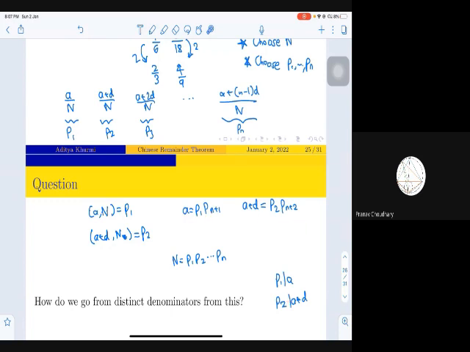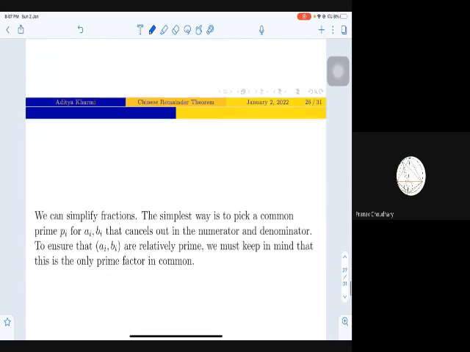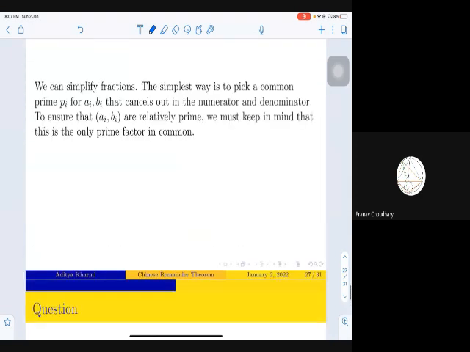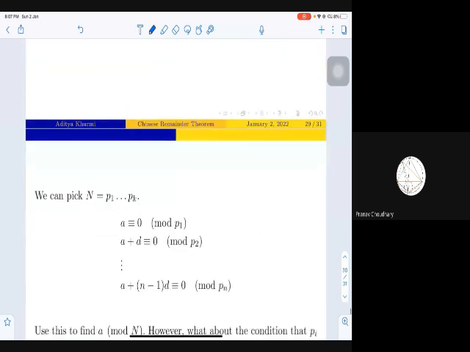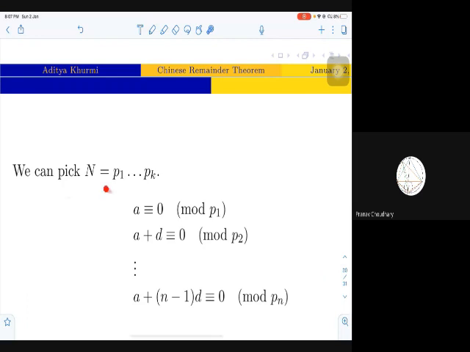So let's look at how we deal with this condition. p3 divides a plus 2d, and so on. So you basically have this system. Suppose we pick n equals p1 till pn. You want a congruent to 0 mod p1, a plus d congruent to 0 mod p2, and so on, and you have this system. Now, how do we ensure this has a solution?